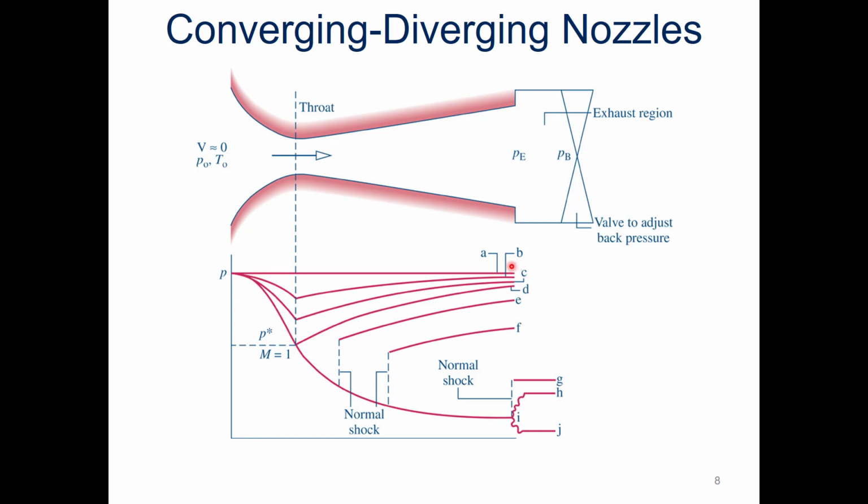Notice how when we move from A to B to C to D, things changed upstream at any place. So you can go along here through the subsonic diffuser, up here through the subsonic nozzle. Everything changes for each case A, B, C, and D. When we get to cases E and F, things do not change upstream of the normal shock. All right, so that's a key thing to keep in mind as we look at compressible flow. Things will not change upstream. The information can't make it upstream. All right, and we'll look at this more in some other examples as we move forward.